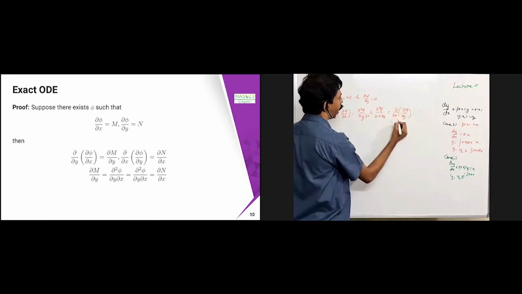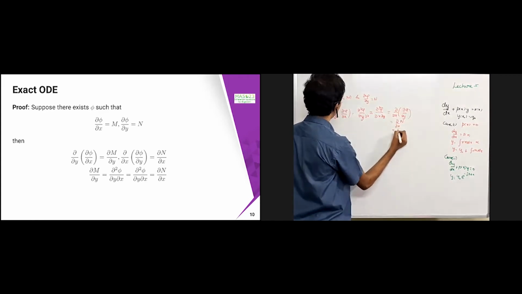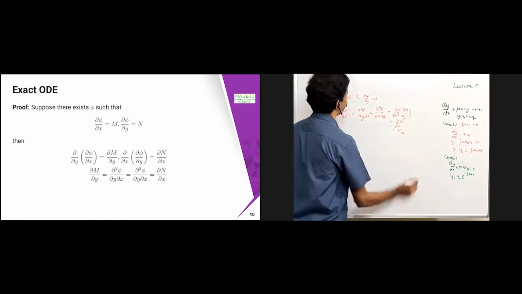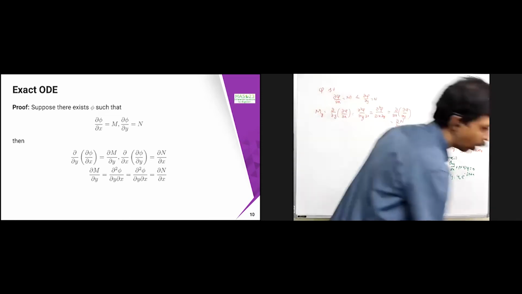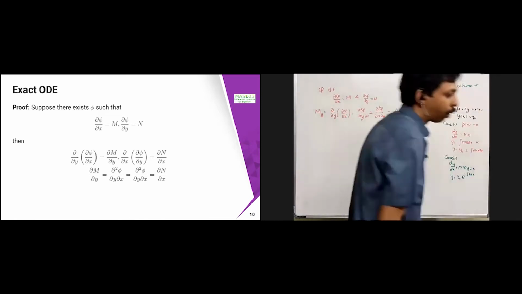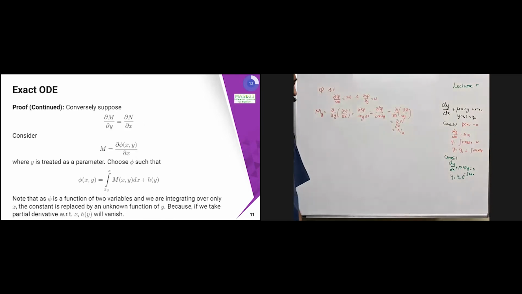What is ∂pi/∂y? That is nothing but N. So that is going to be N_x. So M_y equals N_x, substituting M as ∂pi/∂x. So this is the simple proof for one part.